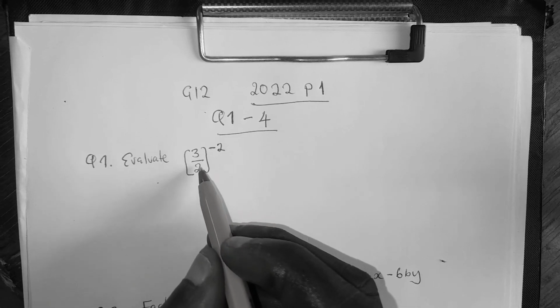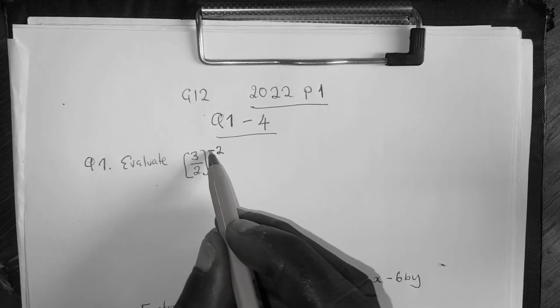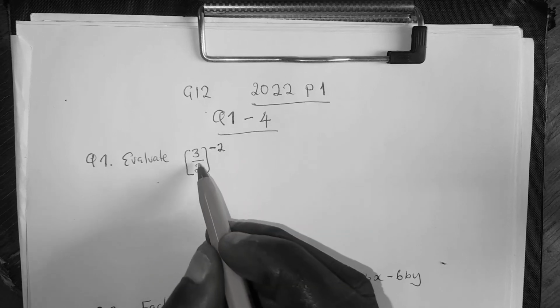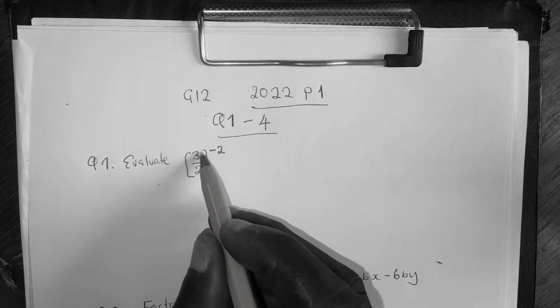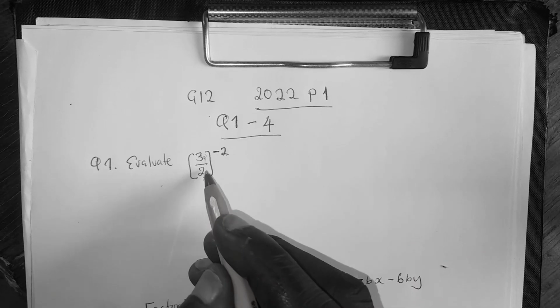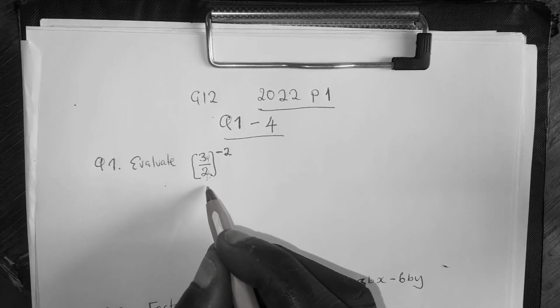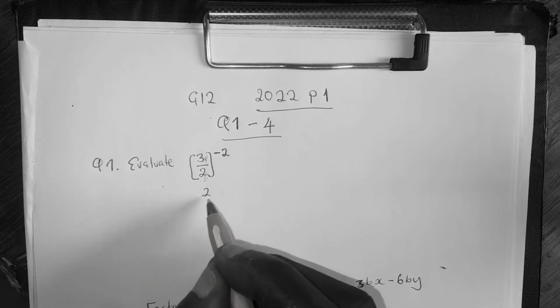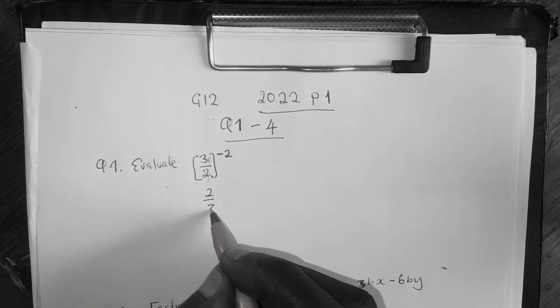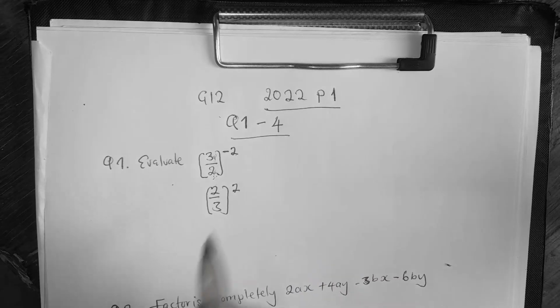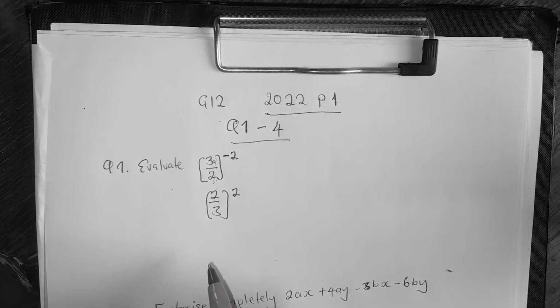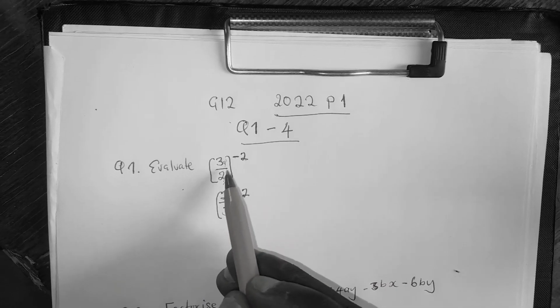When you are given any number raised to a negative power, you change it to a fraction. You just swap the numbers: the denominator becomes the numerator, and the numerator becomes the denominator, and eventually the power becomes positive. That's how you change a negative exponent, or negative power, to positive.